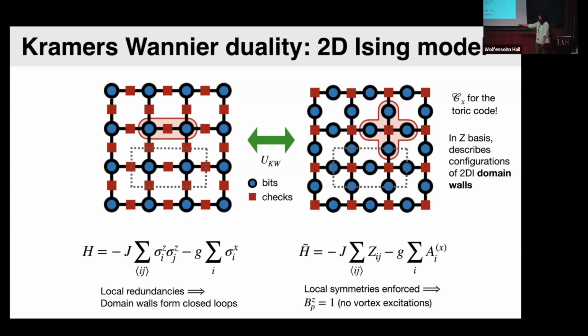That means all of these BP terms, which were the local symmetries of your AX, CX Hamiltonian in the toric code, have to be enforced as +1. You're not allowing for any vortex excitations when you just do this Kramers-Wannier duality.